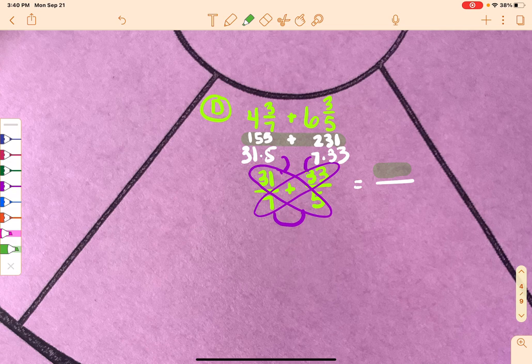So 155 and 231 is 386. Now in the bottom, I'm multiplying these two. So 7 times 5 is 35. So that's the bottom number. Okay, now it's time to plug this into Desmos and see if we can get it to reduce.